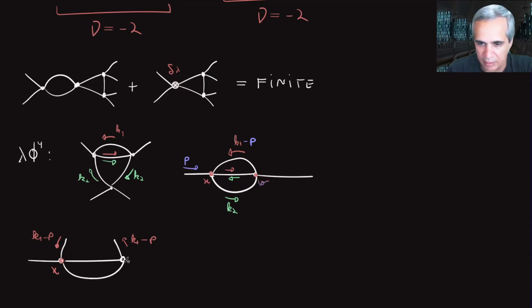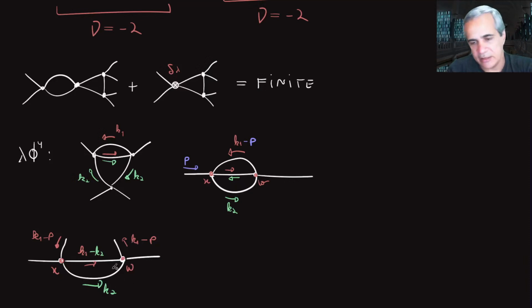This is W. There's a line going out, and I have a loop with K2 here, K2 there. So this is minus K2 in that direction. I can call this vector K1 minus K2 going this way.